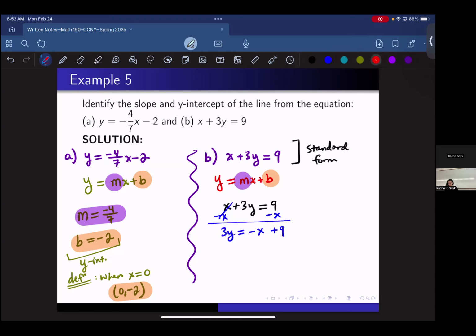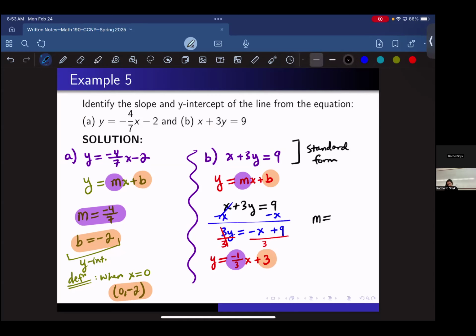Now we're going to go ahead and divide both sides by 3, and we're going to separate that fraction on the right-hand side. So we're looking at -x over 3, which is really just -1/3 x, plus 9 over 3, and 9 divided by 3 is just 3. Now that it's in slope-intercept form, we can easily identify what our slope is.